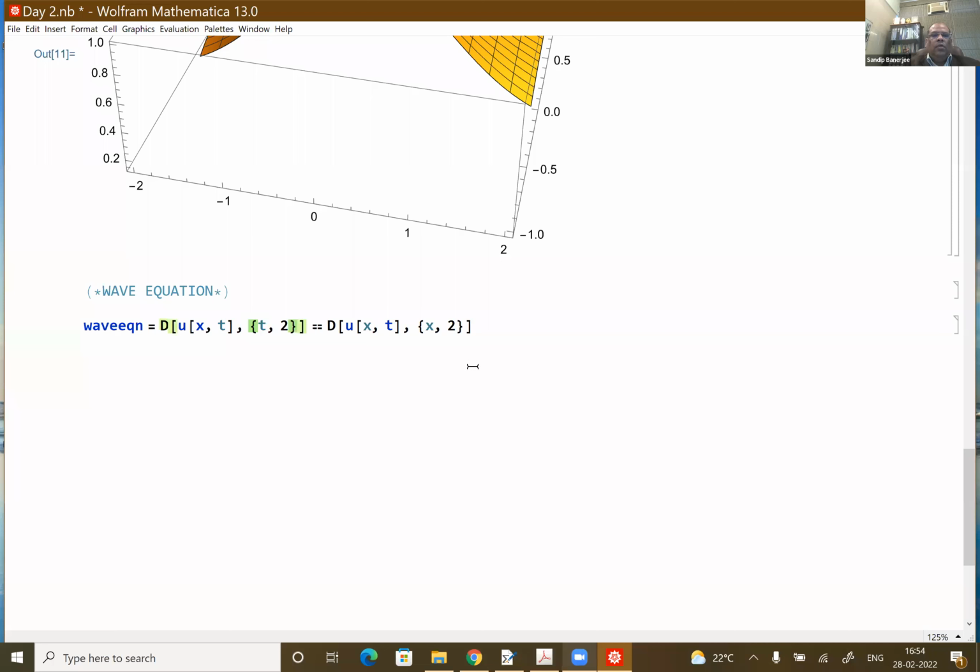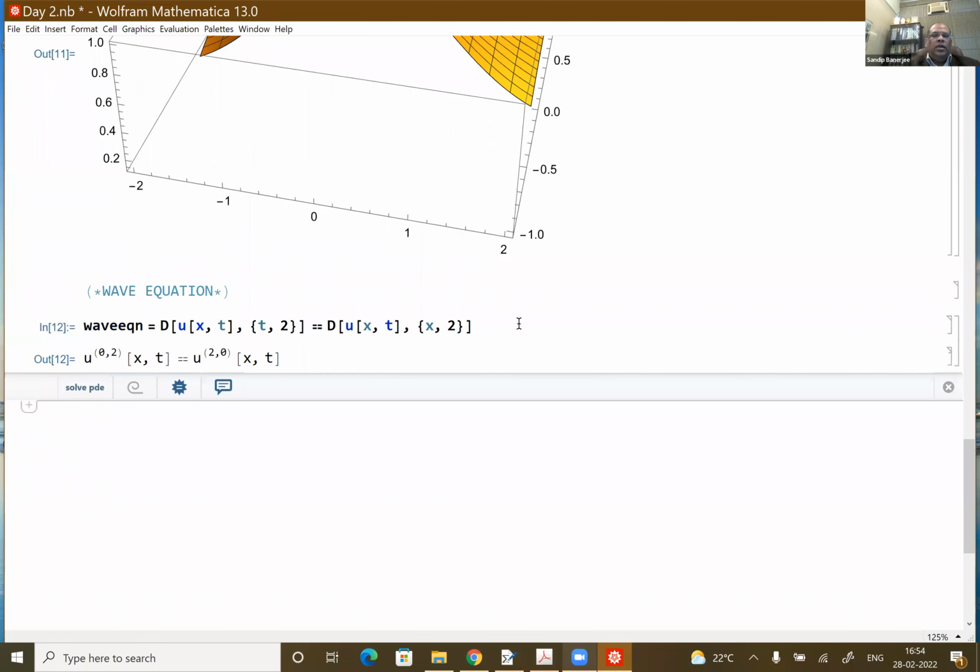So the wave equation is del 2u del t square equal to del 2u del x square.